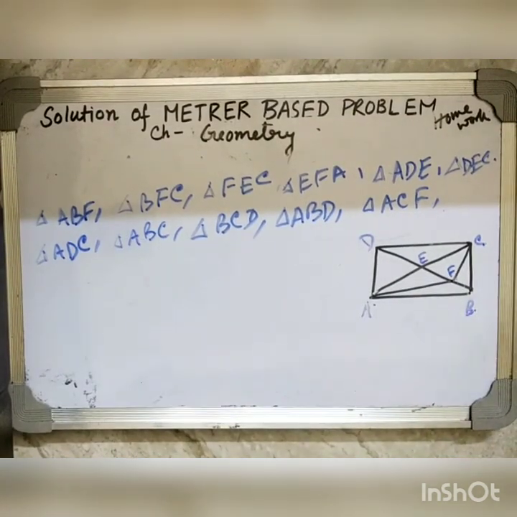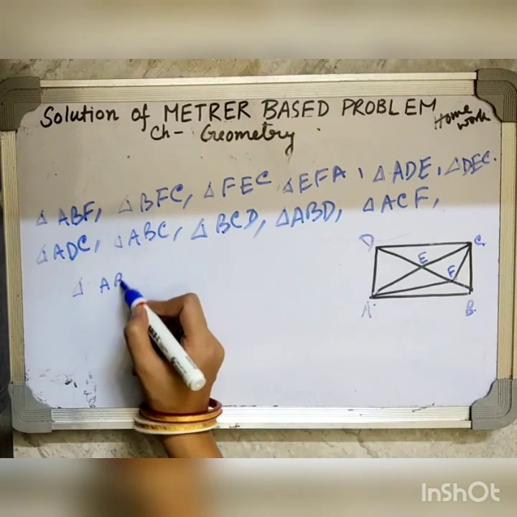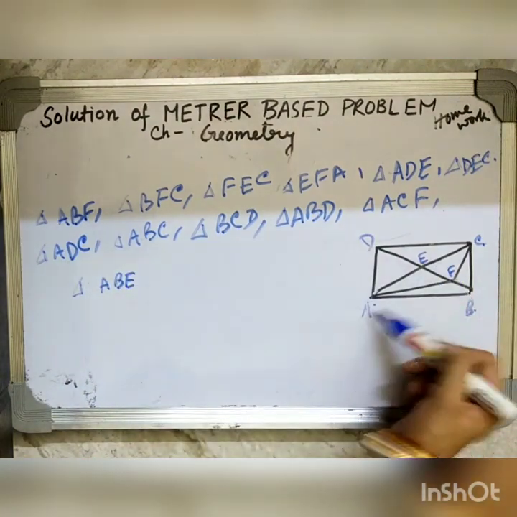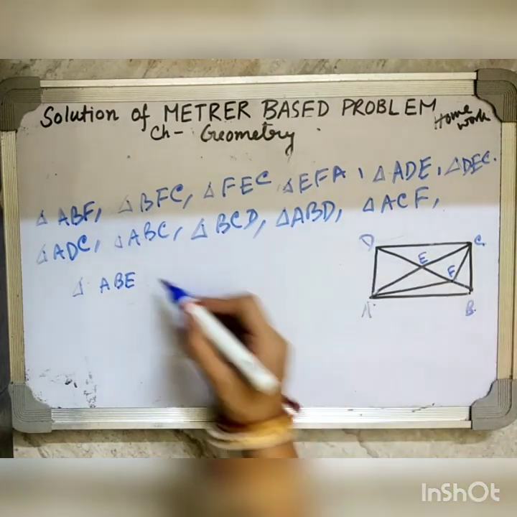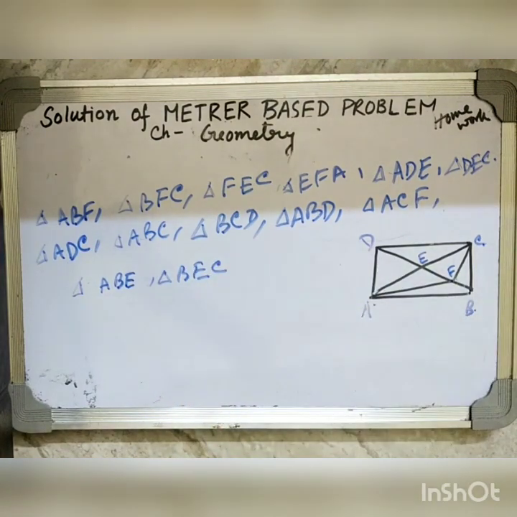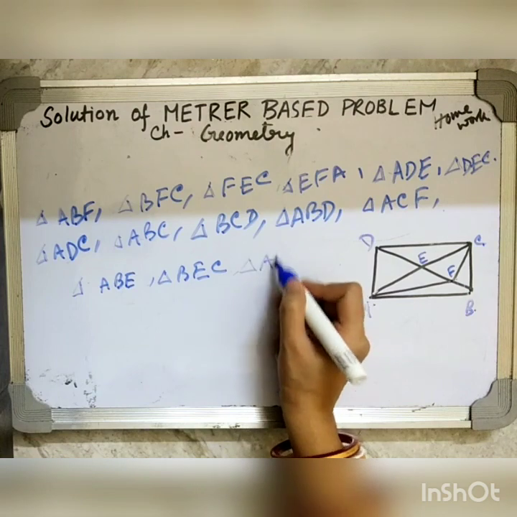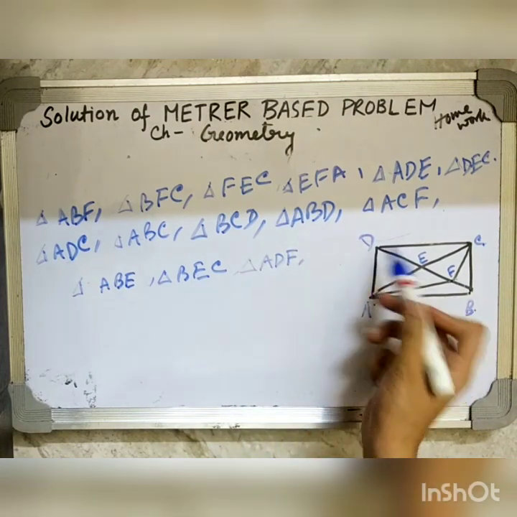Now, triangle ABE can also be formed. ABE. Triangle BEC. Now triangle ADF. This one. And triangle DFC.